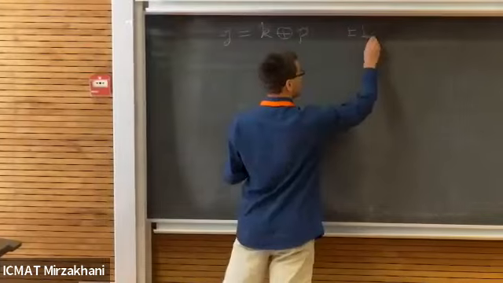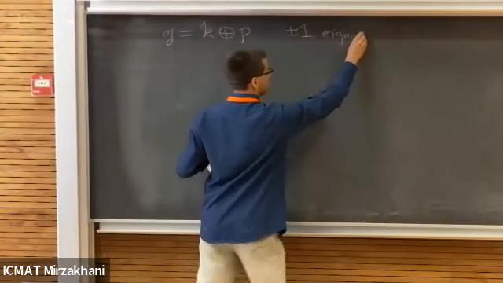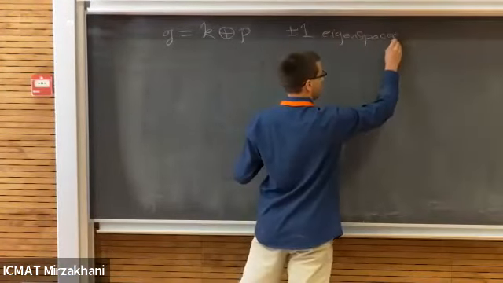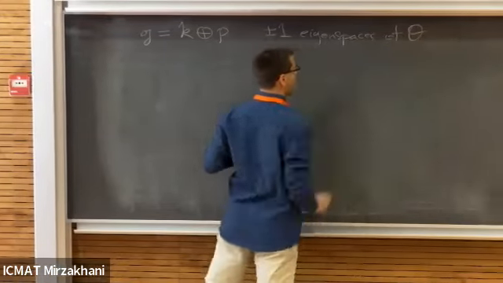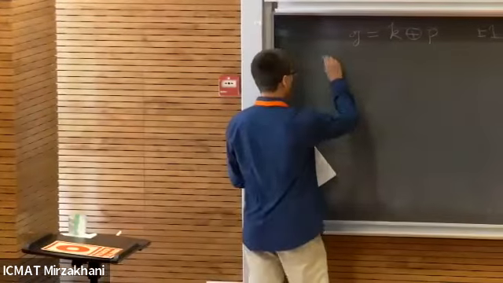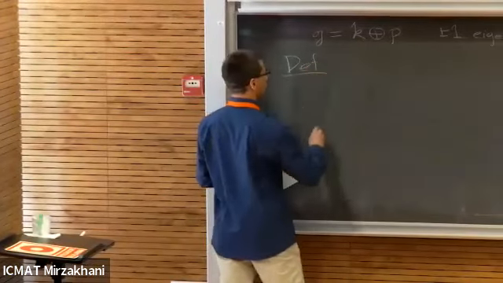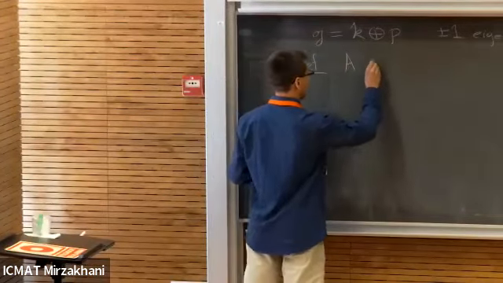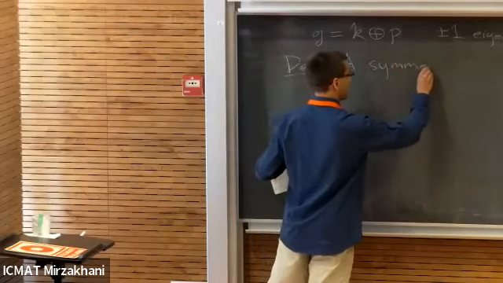Eigenspaces of the theta action. And the main objects that I'm going to consider are called symmetric pairs.